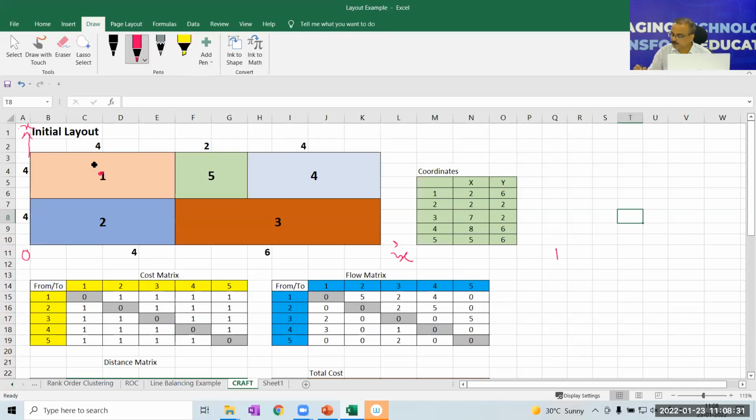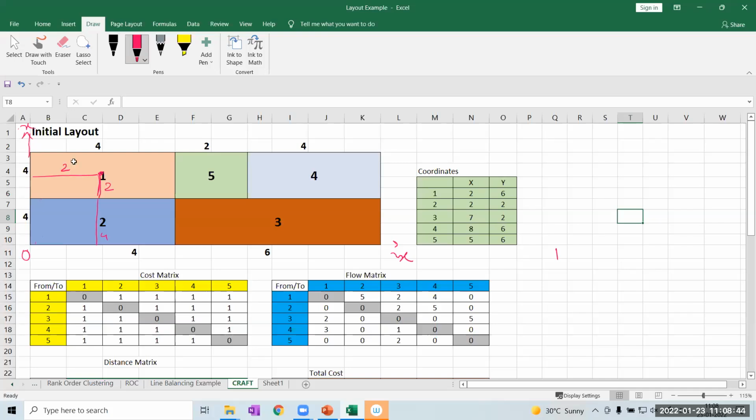What will be the coordinates of this? This distance is 4, and the centroidal distance will be 2, and this is 4. Similarly, what will be this distance? It will be 2, because this is a centroidal distance. So the coordinates of department 1 will be 2 and 6.